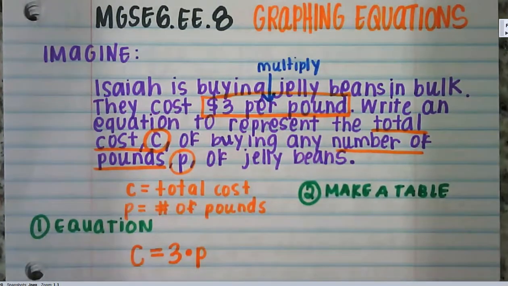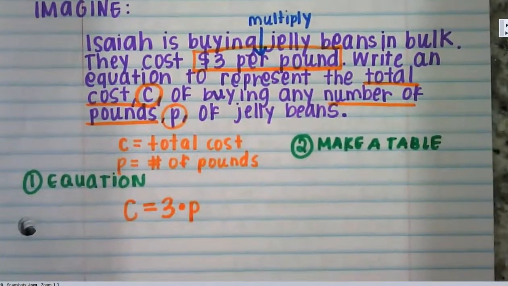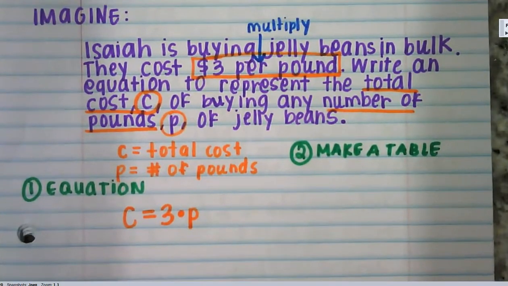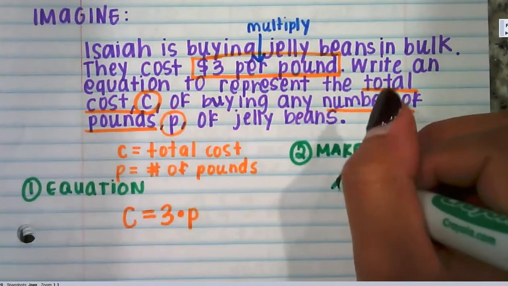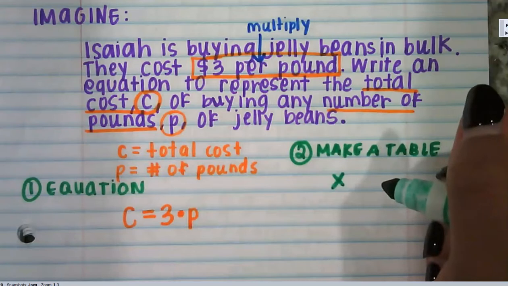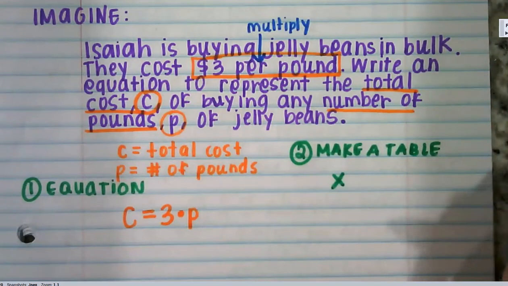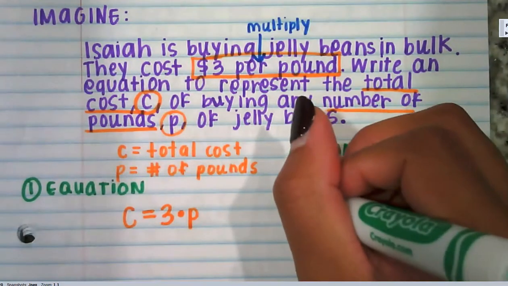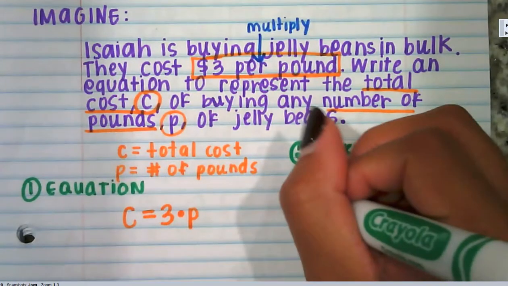Making a table is the next easy part because we pick the values we want to use. So let's make our table. We have our input. Instead of putting X, I should be putting P for pounds.